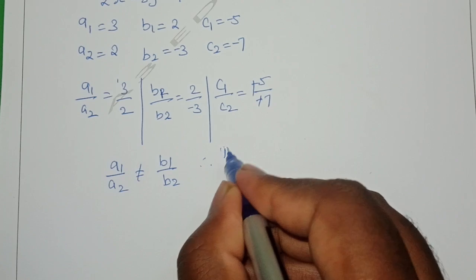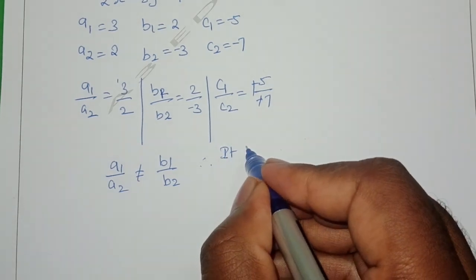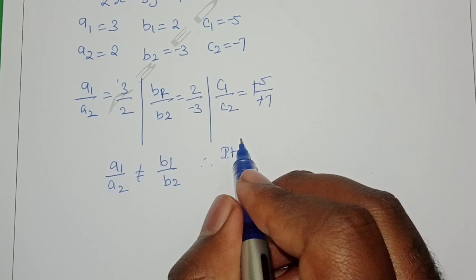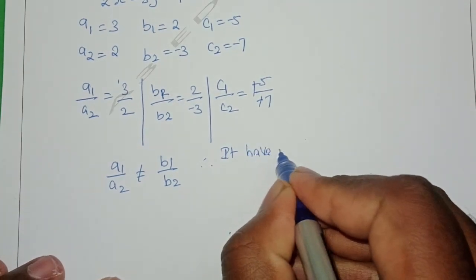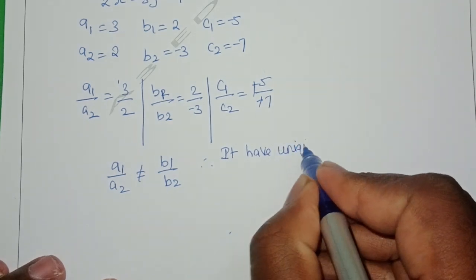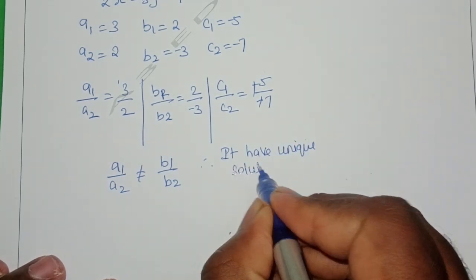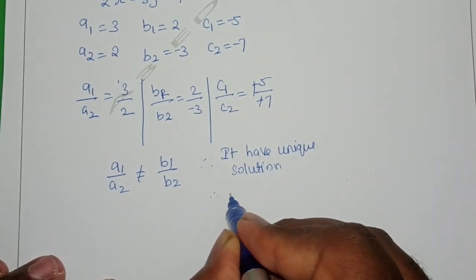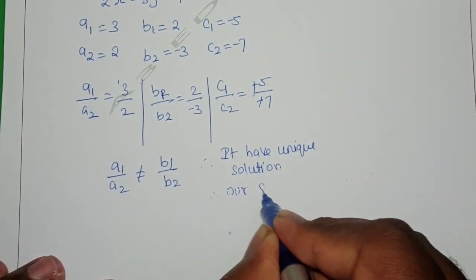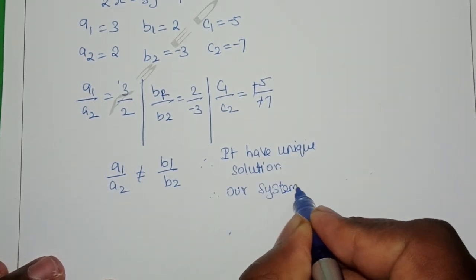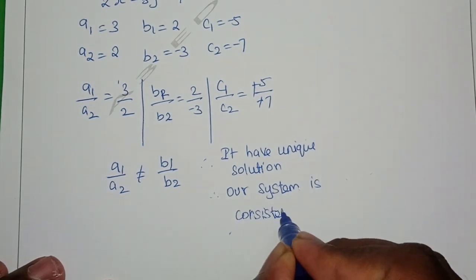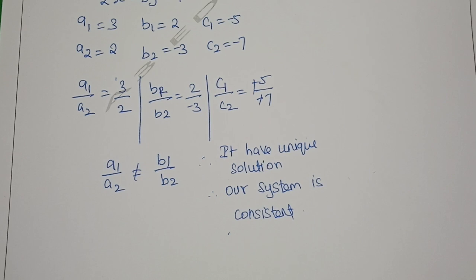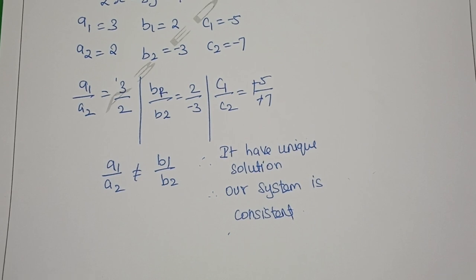Therefore, what condition is it? It has a unique solution. Therefore, our system is consistent. First subdivision over. Then we continue with our second subdivision.